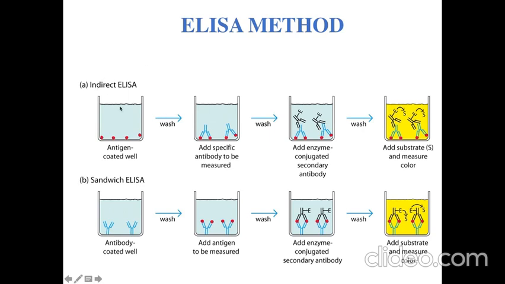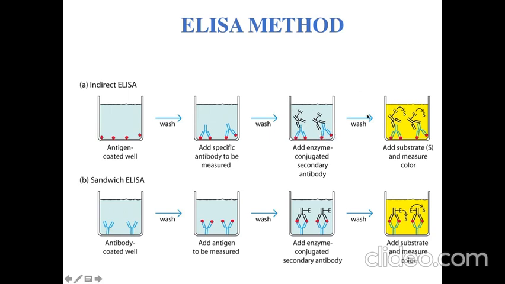Now in case number 2, if the person is not infected with SARS-CoV-2, what will happen? The patient would not have generated the antibodies, so the antibodies will not attach with these specific antigens. After washing, when the secondary antibodies are added, as these antigens are specific only for SARS-CoV-2 specific antibodies, the secondary antibodies are not specific for these antigens.